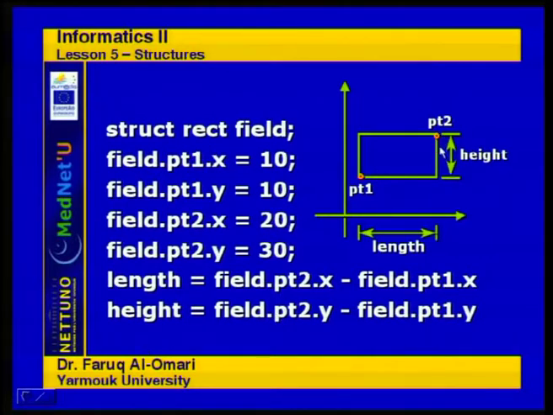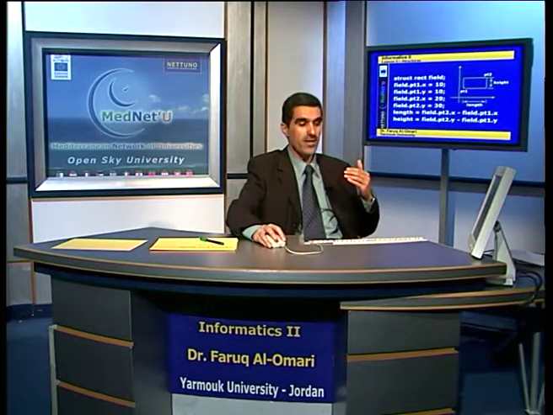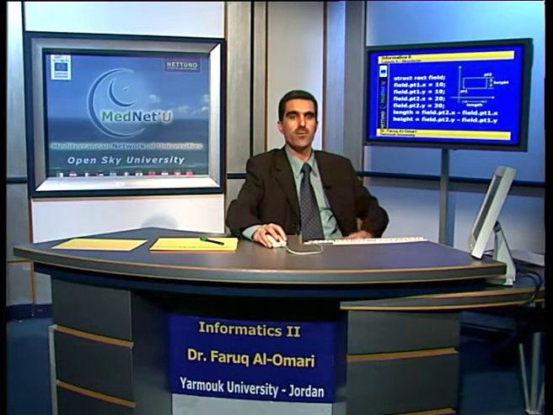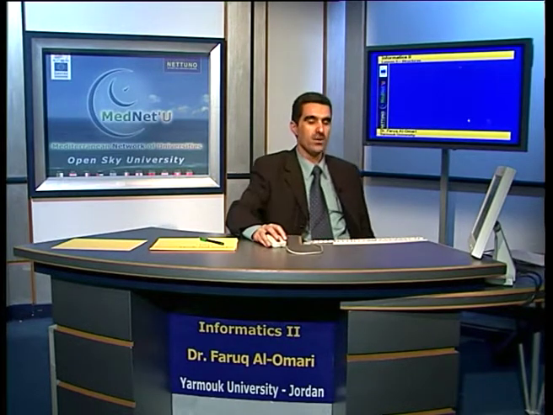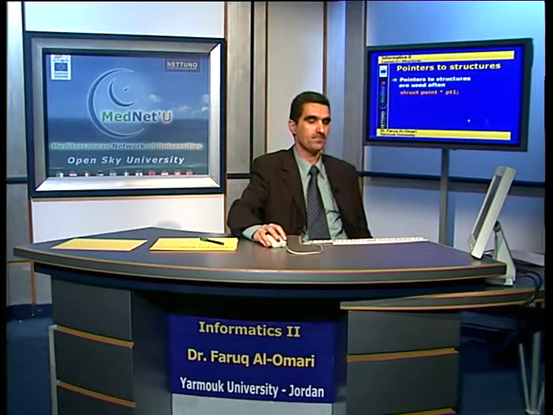Height, on the other hand, is the y component of the second point minus the y component of the first point. So height equals field dot PT2 dot y minus field dot PT1 dot y. So I'm referring to a structure within a structure, and that's what we mean by nested structures.